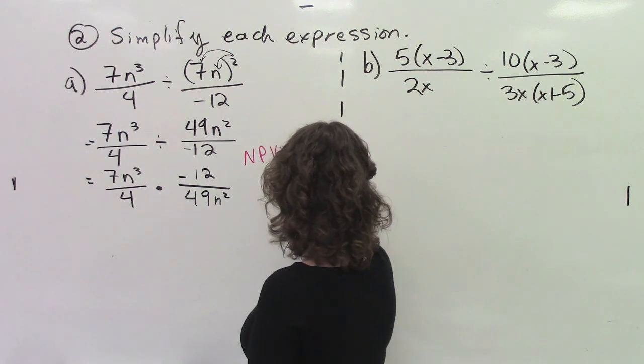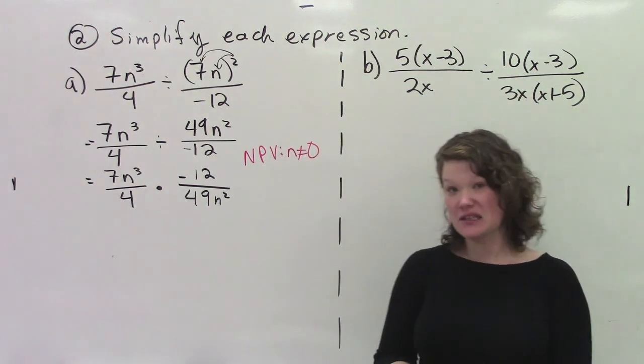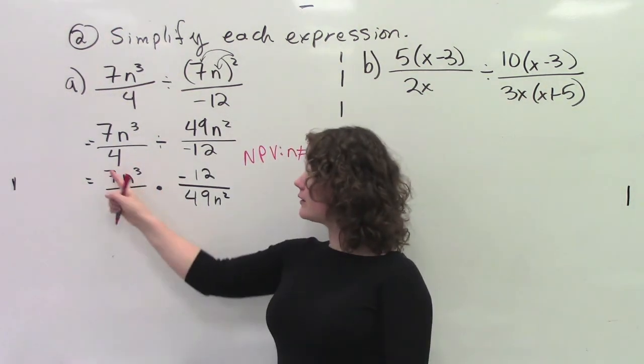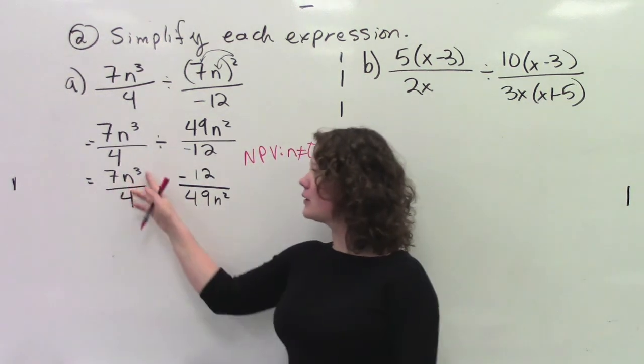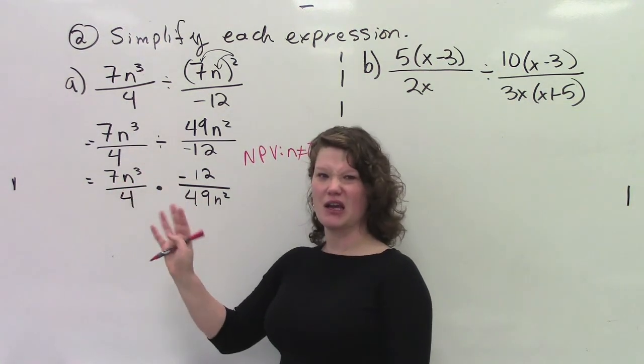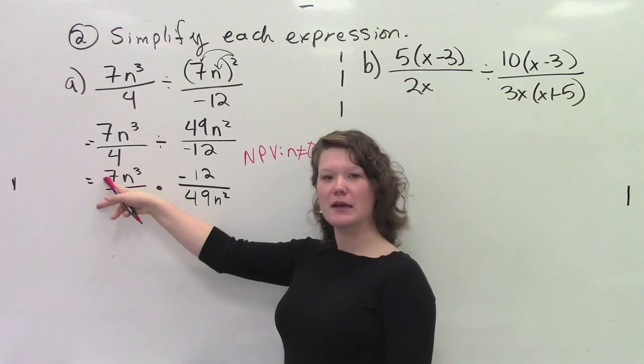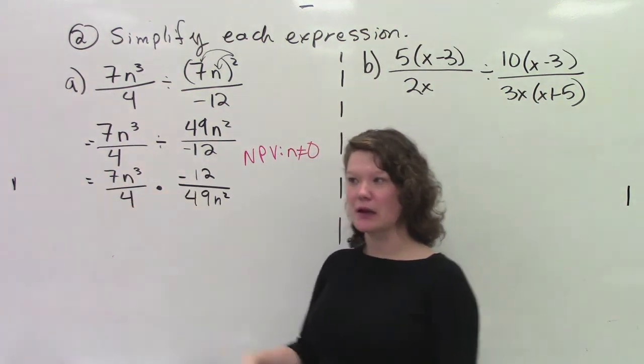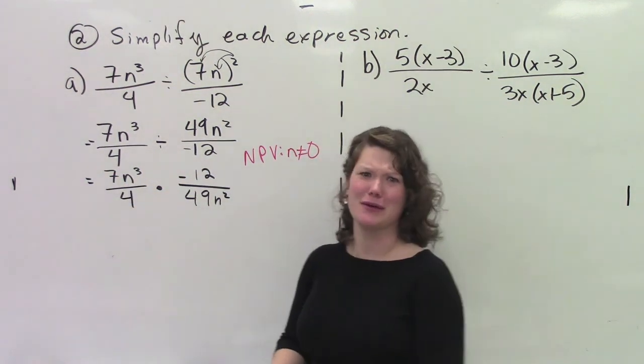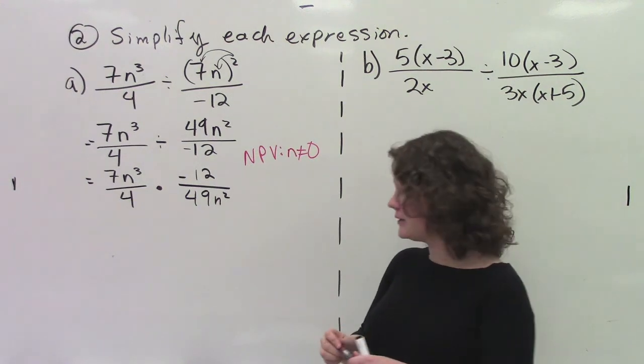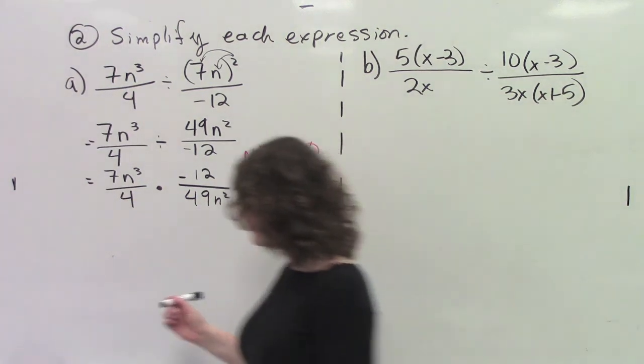N cannot equal 0. And that's it. We don't have to worry about the numerator of the first one, okay? Because this is always the form that it's going to be in. We're never going to be multiplying by the reciprocal of the first one. That's not how division and fractions works.